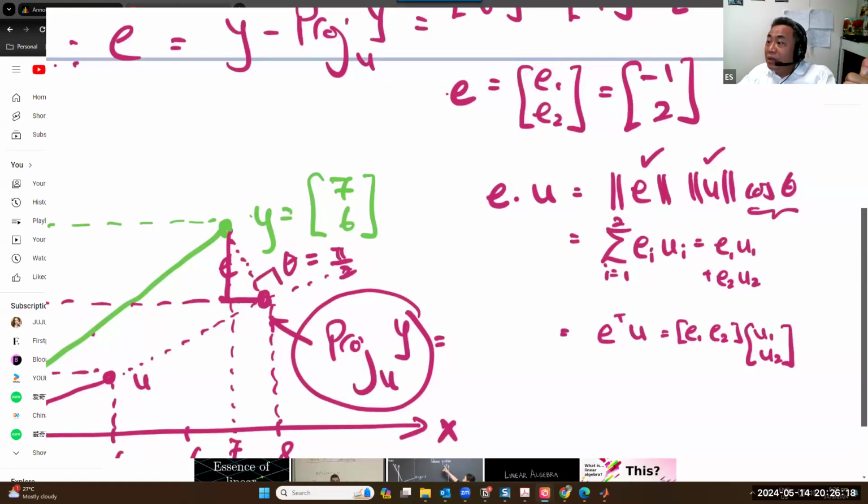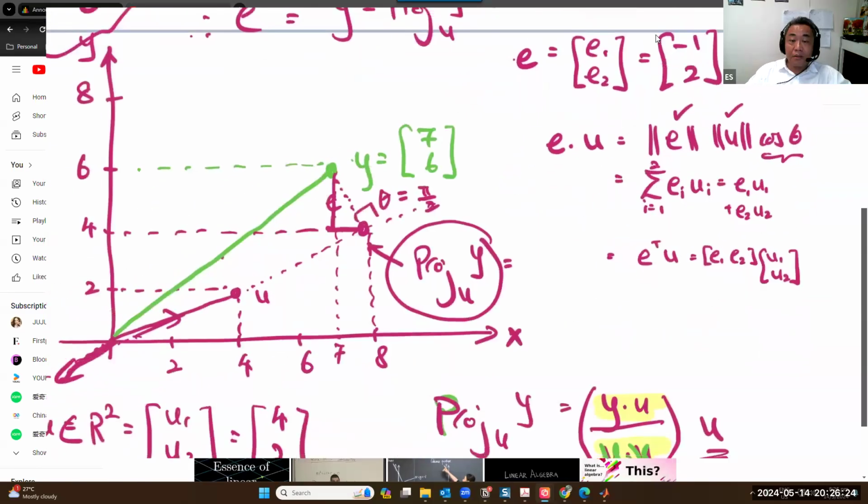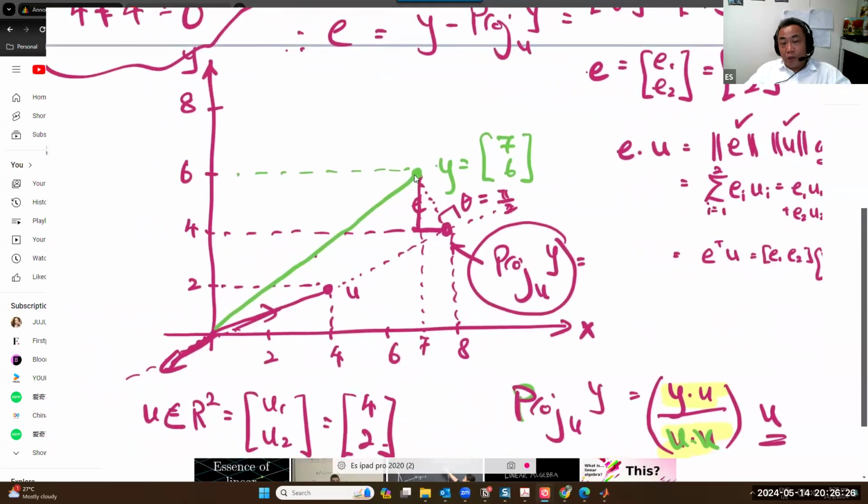Yes, good. How to understand projection of y onto u? Okay, so this picture, projection of y onto u, what does it look like? It must be a vector along u, right? The idea of projection of y onto u is like your eyes are here, and you are looking here, and you want to cast a shadow of y onto u.